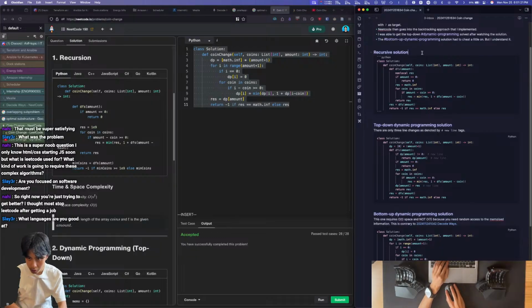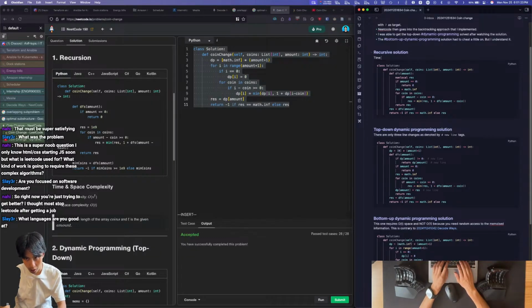Time complexity O of n to the power of t, where n is the length of the array coins, and t is the given amount.